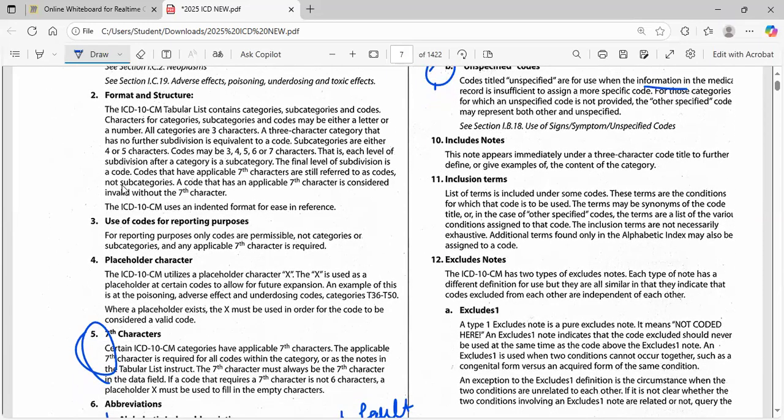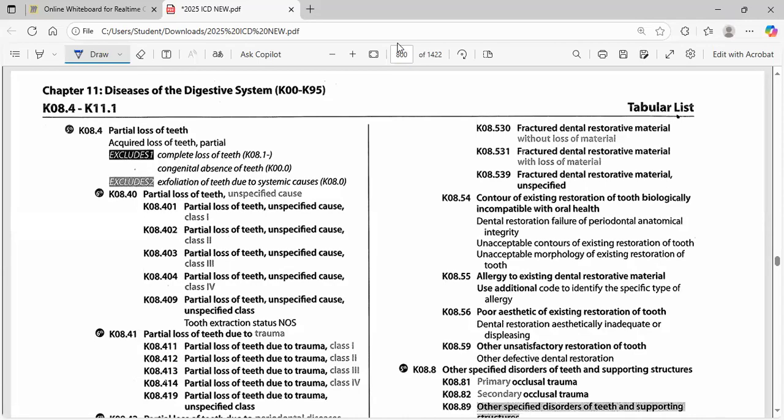Next we have include notes and the inclusion terms. Include notes and the inclusion terms are listed in the tabular only. So I'm going to pull any random page here.